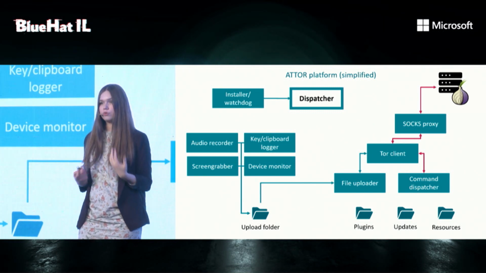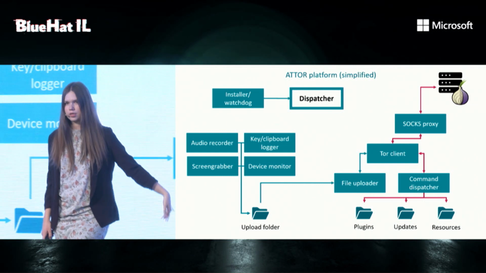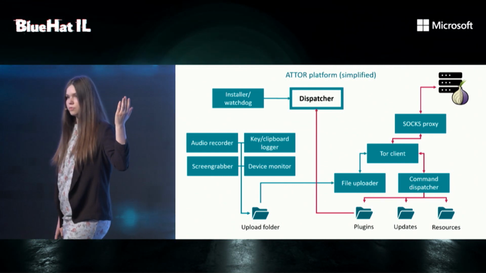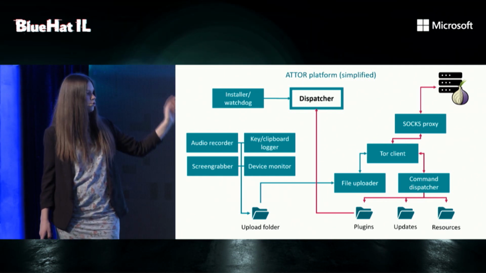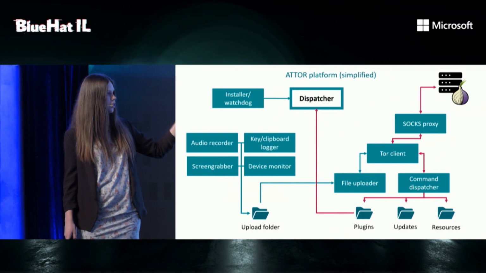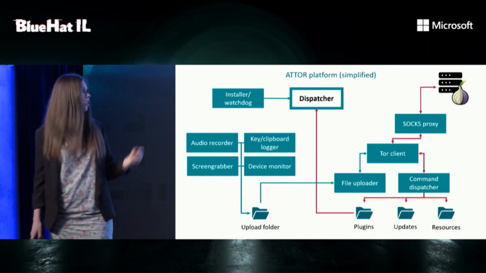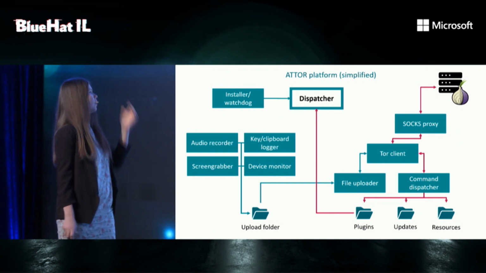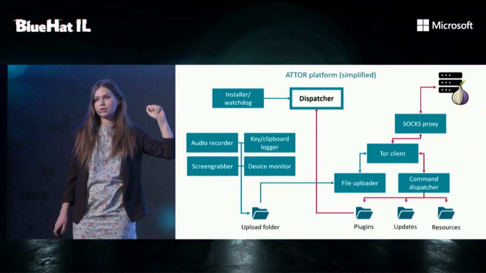If any new tools are pushed to the computer, these get stored in other central upload folders. And these are then monitored by the dispatcher, so if there is an update for a plugin, the dispatcher can load it. So there is a mechanism by which you can have your malware always up to date, and it works this way. The interesting part here is that the dispatcher never directly communicates with the C&C server.